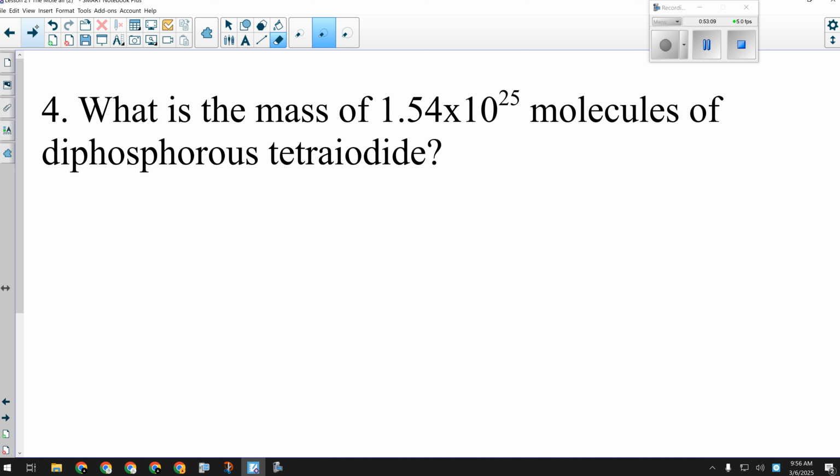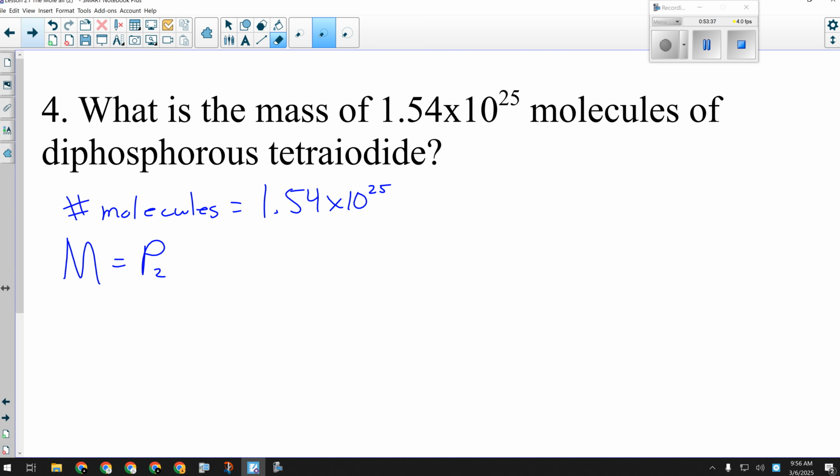All right, so in a type 4 question, they give you the number of molecules, and they want you to find the mass. So one of your givens will be number of molecules. In this case, 1.54 times 10 to the 25 molecules, and it is of diphosphorus tetraiodide.